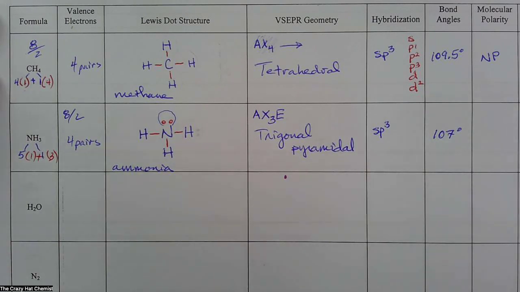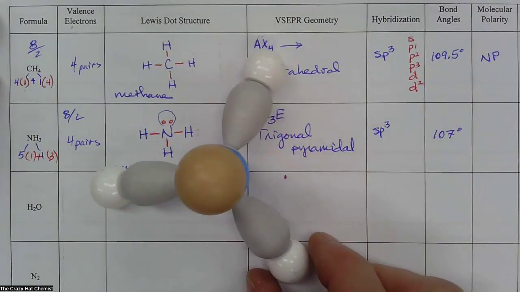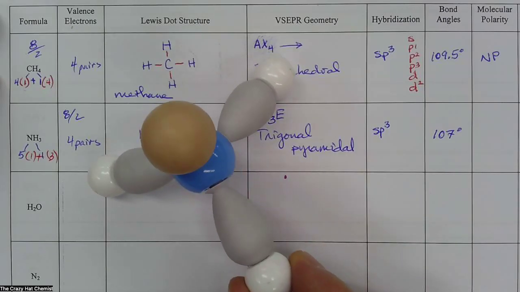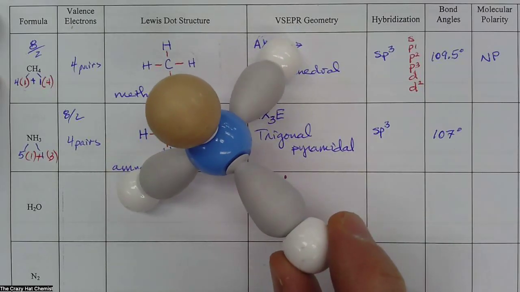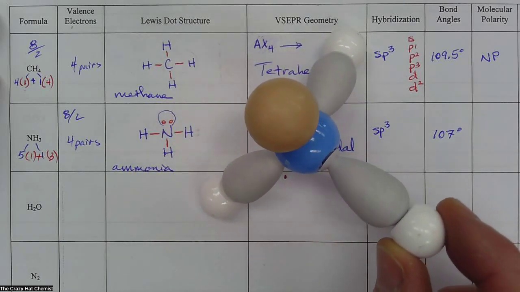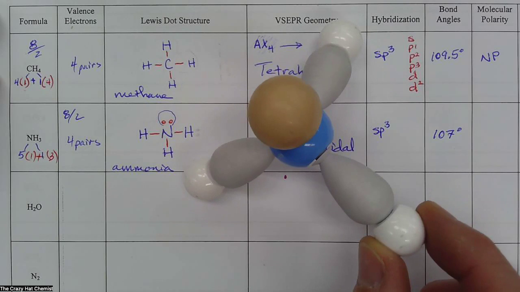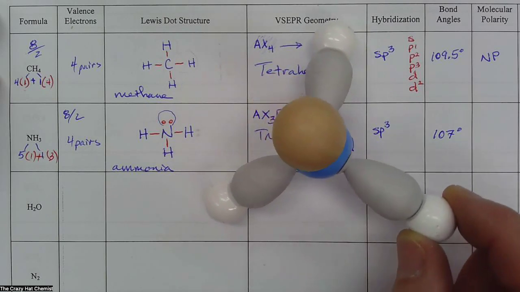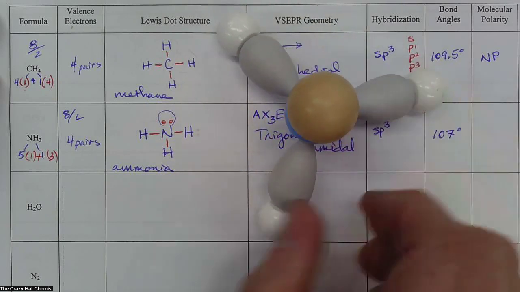So you're going to make a model from your model kit, and this is ammonia. So let me tilt this just slightly so you can see this here. The blue thing in the middle is representing that nitrogen. The white things are representing the hydrogens. The gray things are the bonding pair of electrons in between the hydrogen and the nitrogen.